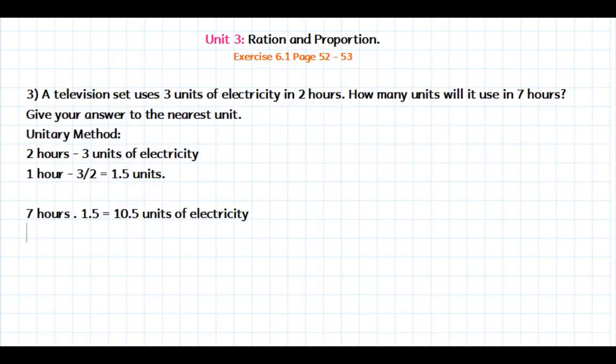But this is the key because you have to give your answer to the nearest unit. The nearest unit is this. Okay? So I have to round this number to the nearest unit.